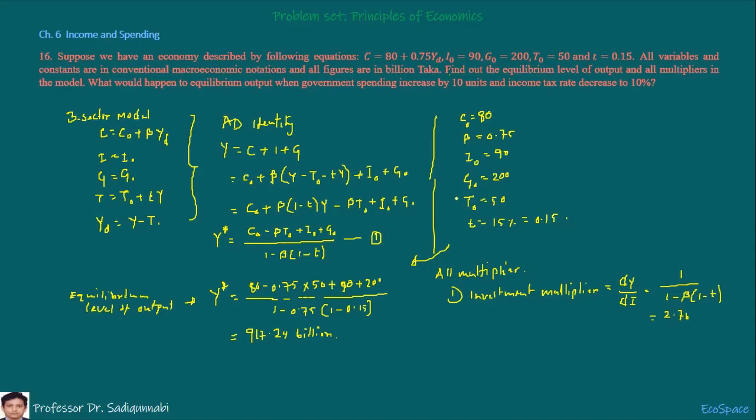So our beta is 0.75 and t is 0.15. So number 2 is government spending multiplier, which is equal to dy upon dg, which equals 2.76.